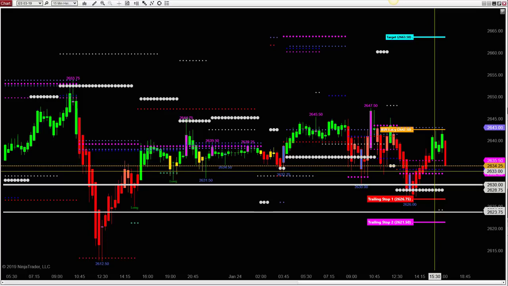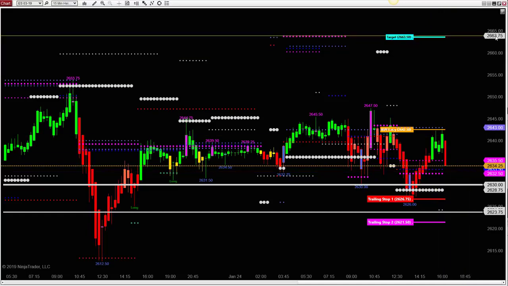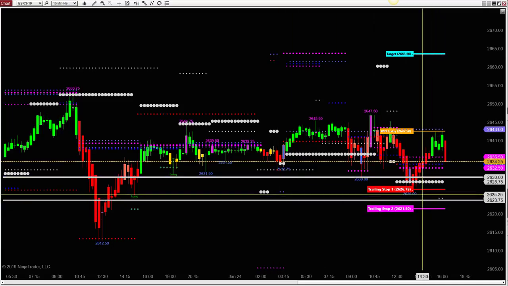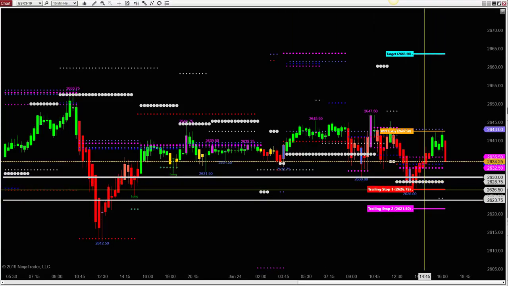So we need to see this breakout tomorrow. If this market drops below those numbers here, around 26, 26.75, we are looking for a major sell off.